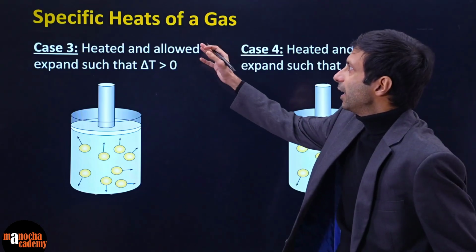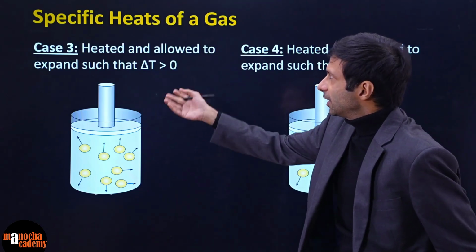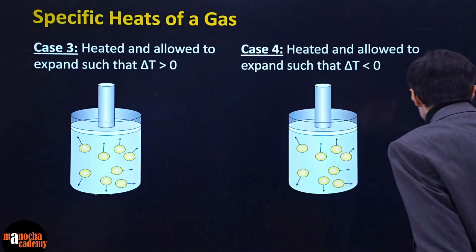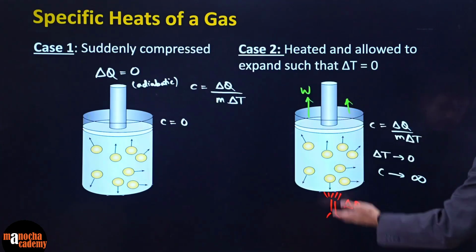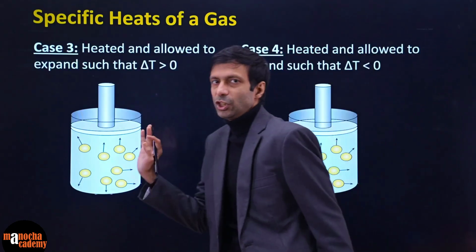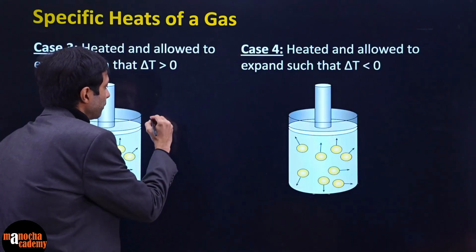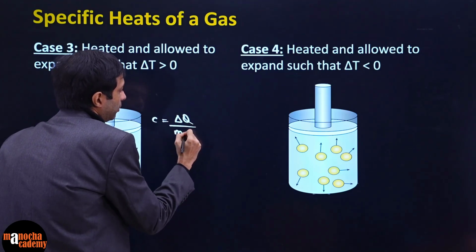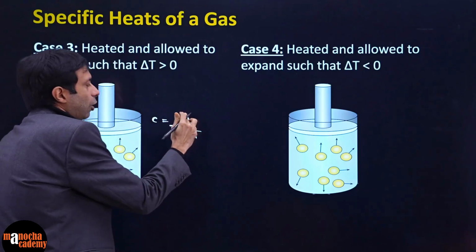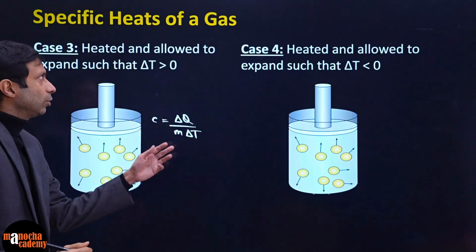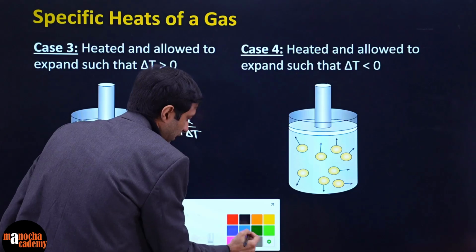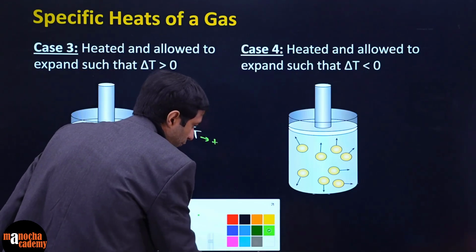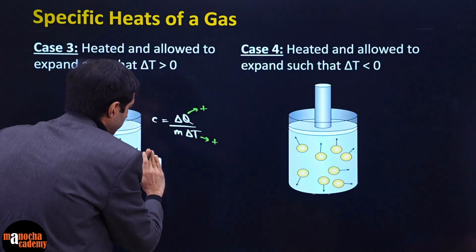Or let's look at another case. When you're heating it and you're allowing it to expand such that the change in temperature is greater than 0. So the earlier was the extreme case where you don't allow for a change in temperature, but this time there's a change in temperature. So now what will it be? C is delta Q by M delta T. Both are non-zero and positive, so here C is positive.